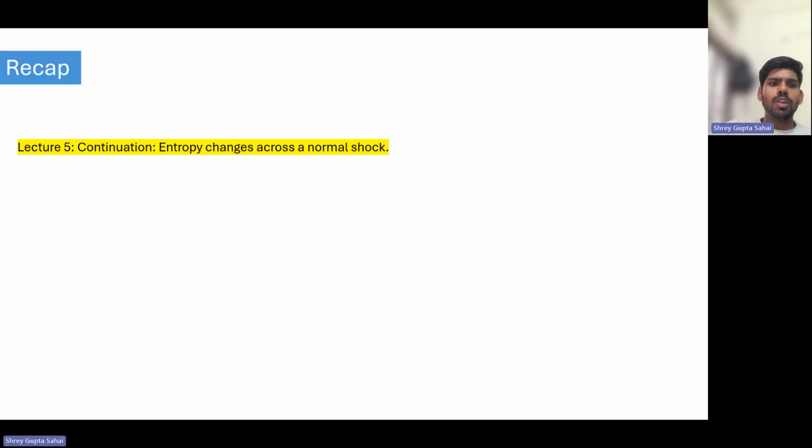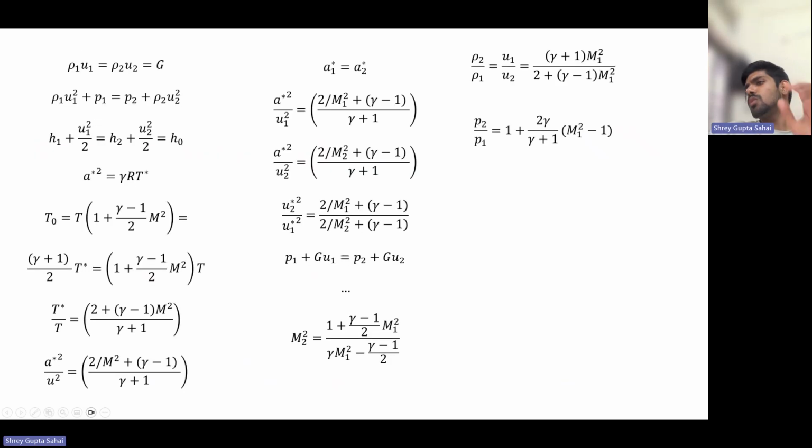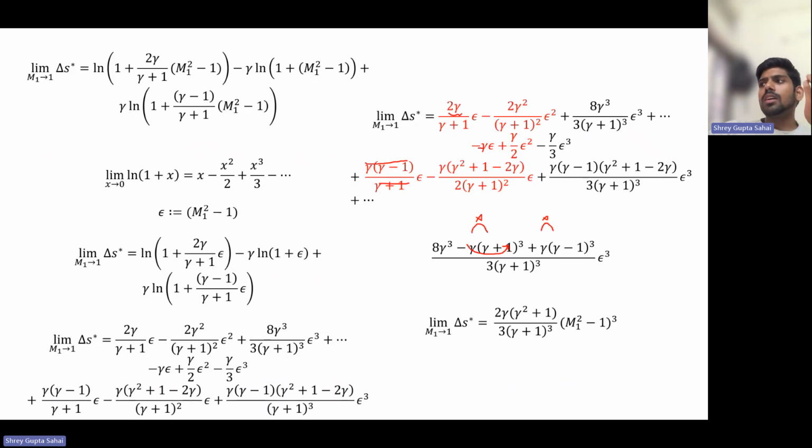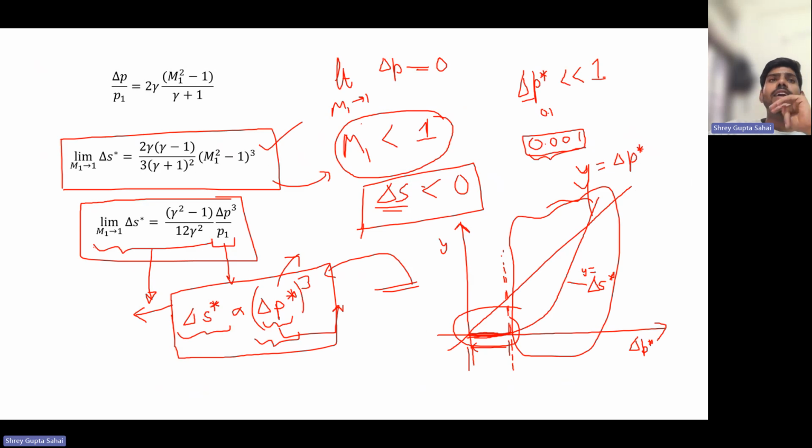Let me just see what else we did last time. Okay. A couple of derivations, I guess. Then we also looked at the weak limit. In the weak limit, we saw that delta S star had some interesting properties. We could see why shocks appear only in supersonic flow and not subsonic flows.